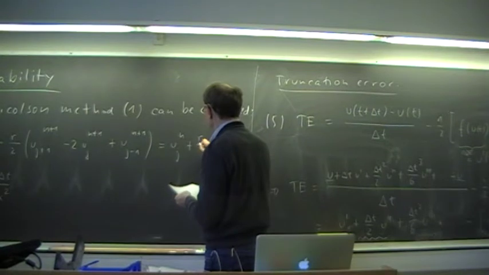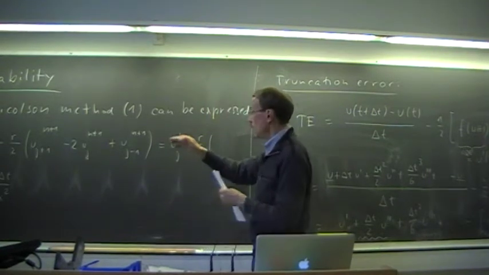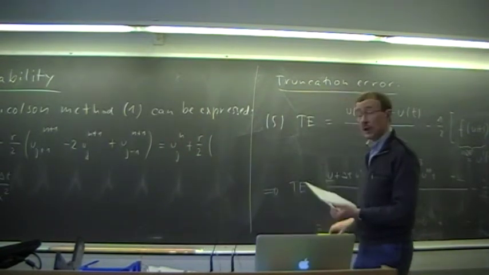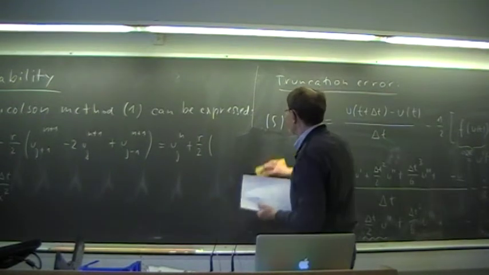Now here we get plus r half, and then we will have similar expressions as we have there, just at the old time level.